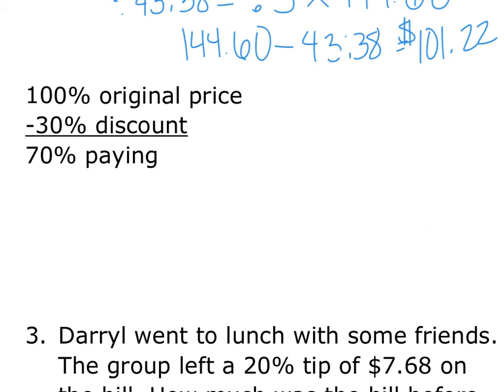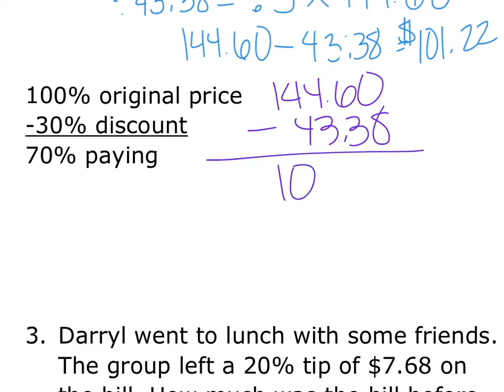Now, before we move on to the next question, I want to think about a different way we could have done this problem. Because we knew the original price of the jacket was $144.60, we calculated the discount and then we subtracted it. But another way to look at this problem is that if 30% is the discount, then that means at the end we're paying 70% of the original price.